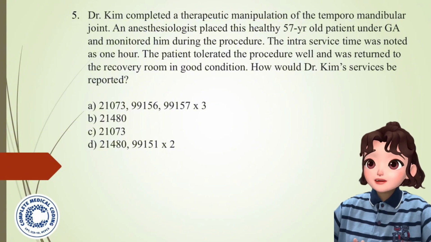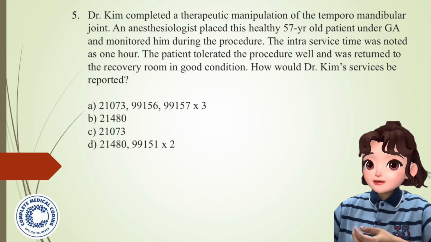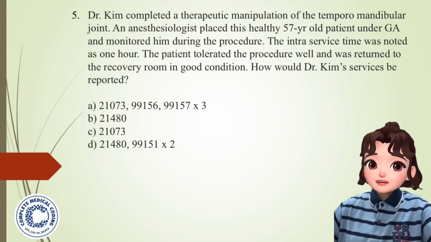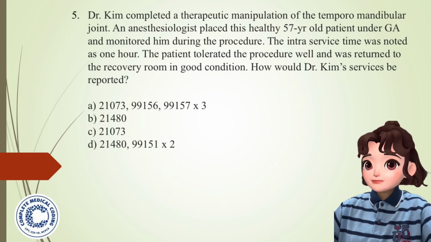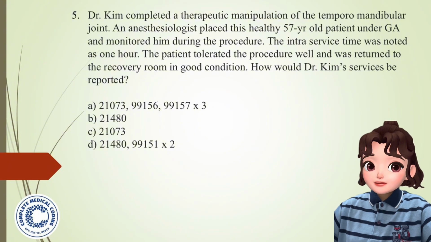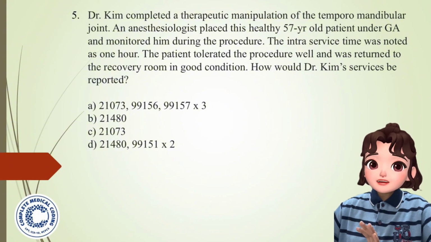So whatever description is given in the question, like general anesthesia and monitored him during the service, and that monitoring time was 1 hour, everything is mentioned. That is only to make you confused. But in the CPT code 21073, all these descriptions are included.